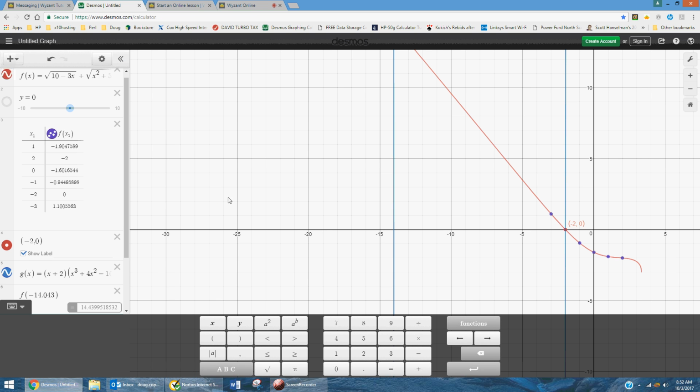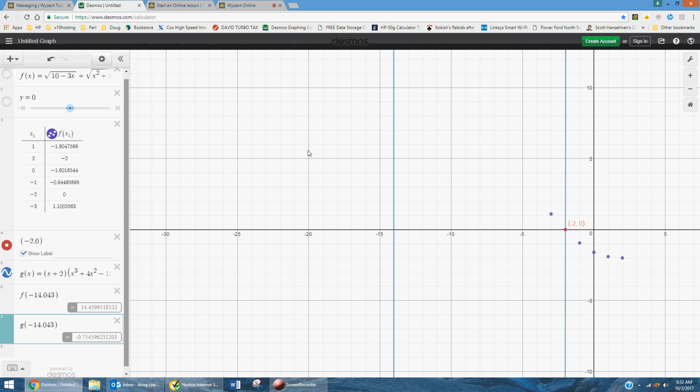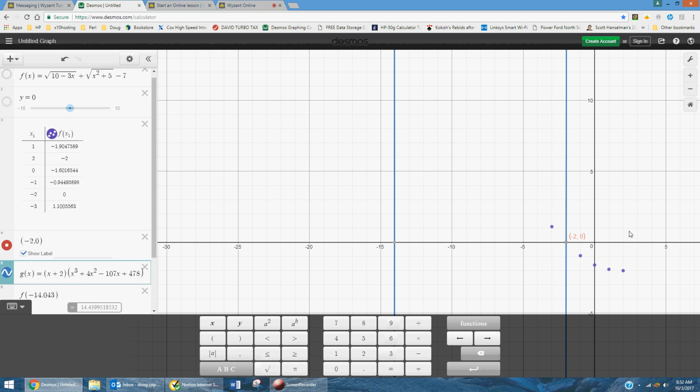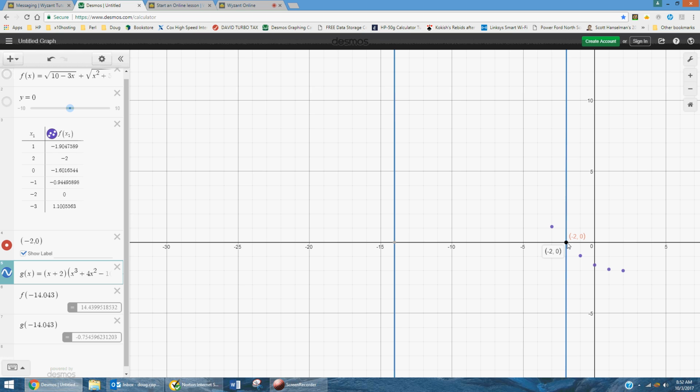Here's a picture on Desmos of me graphing g, which is this function right here. So g is the factored form. And you see that that has a root at -2, 0. It also has the root at -14.043, but if I take f of -14.043, it's not even close to giving us a value of 0.